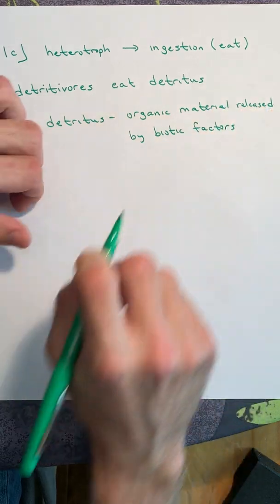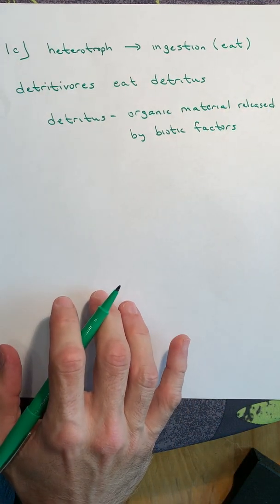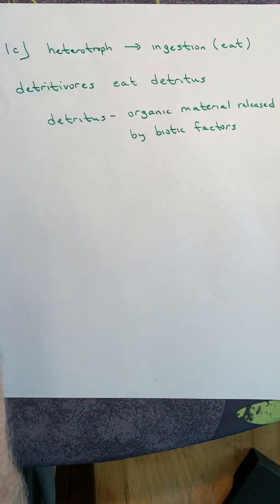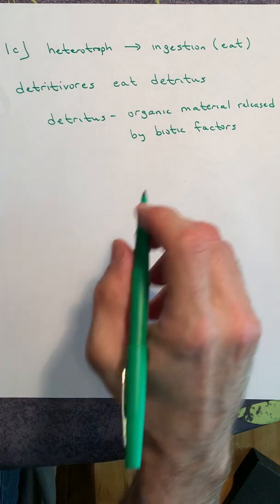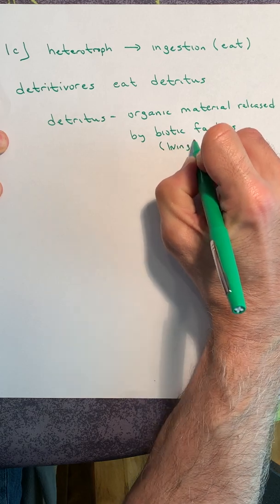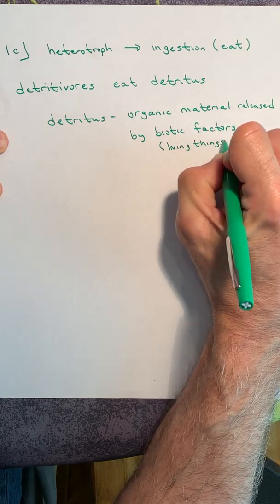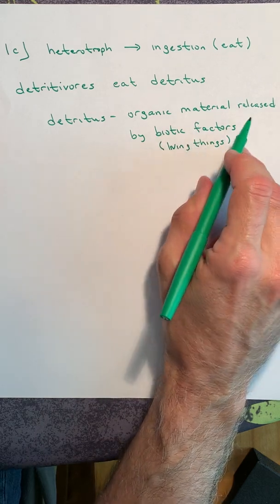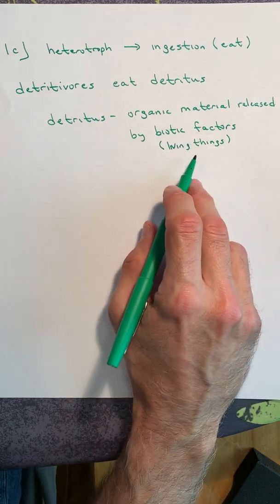So in the last question, when we talked about energy flow, we talked about abiotic factors, CHNOPS. Carbon, hydrogen, oxygen, nitrogen, phosphorus, sulfur. Those are abiotic, non-living factors. But here, when you talk about biotic factors, these are living things. So detritus is any organic material that's released by a living thing.